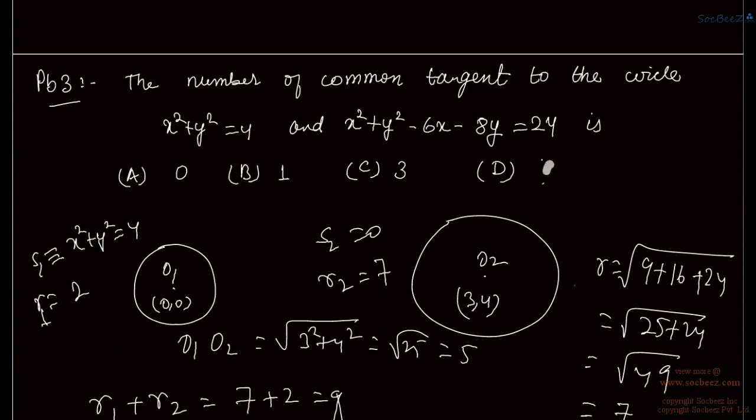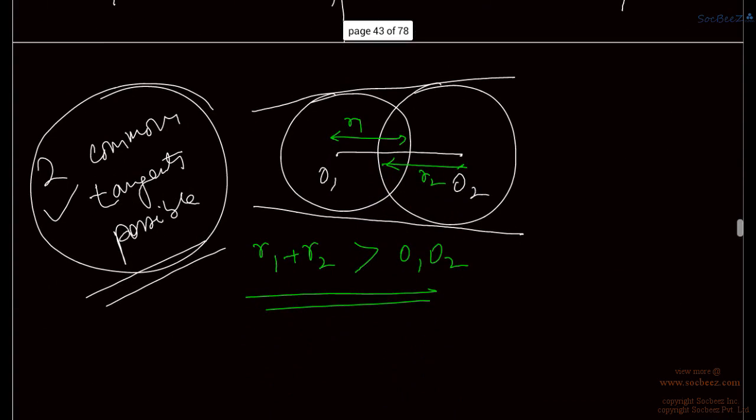Let us make this 4 as 2. Let us make 0 as 2, because in none of the cases are 0 common tangents possible. Okay, so let us make it as 2. So option A is correct. Because if we consider the position of the circles, there can be 4 respective positions.